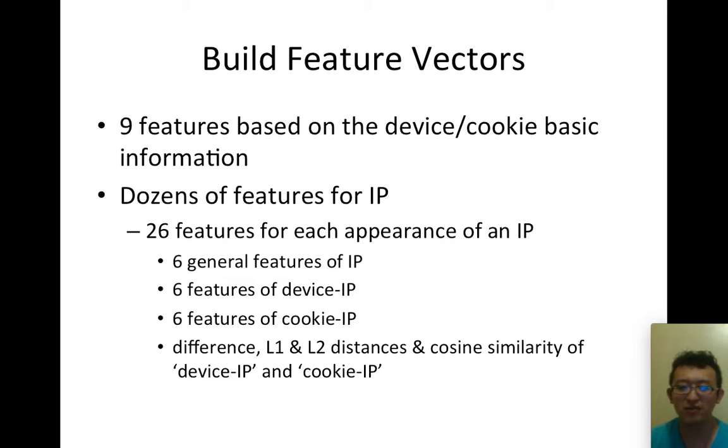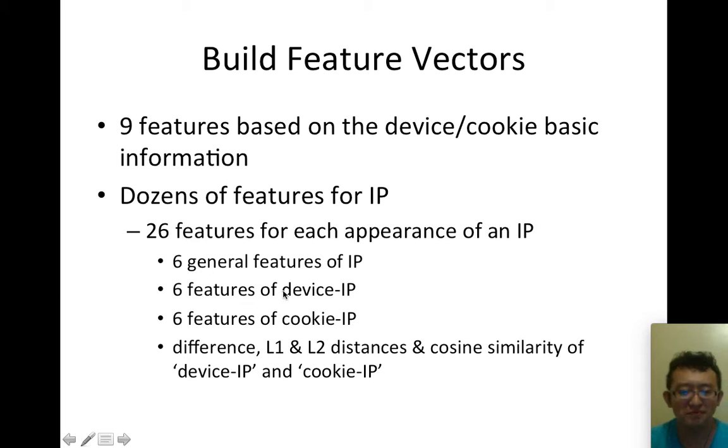These features are also anonymous, and we are given 6 features to describe a particular device's behavior on this IP address, like how frequently this device accesses this IP address, etc. And we are given the same 6 features for a cookie on this IP address, with the same meaning as the device IP features.